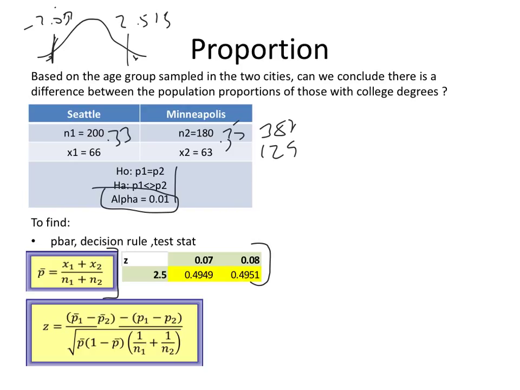So p-bar for the population is going to be 129 out of 380, which is 0.34. That's the value we're going to use, and it comes into play here in the denominator of this equation. We'll be moving on to that in a moment.